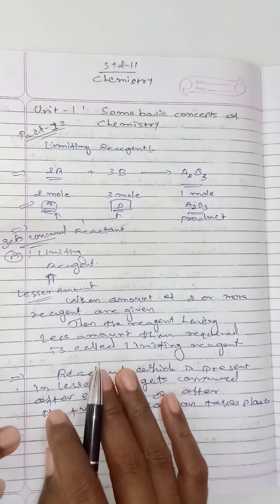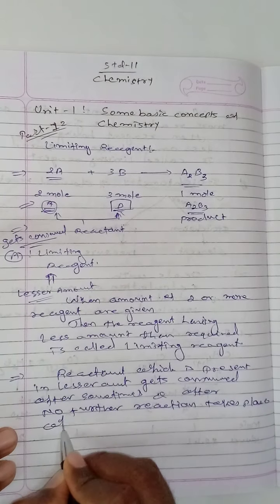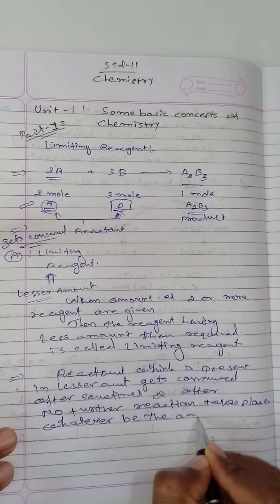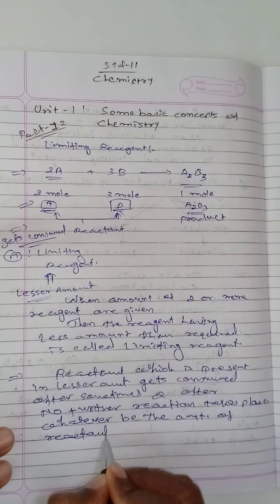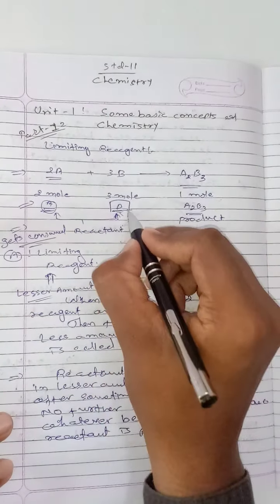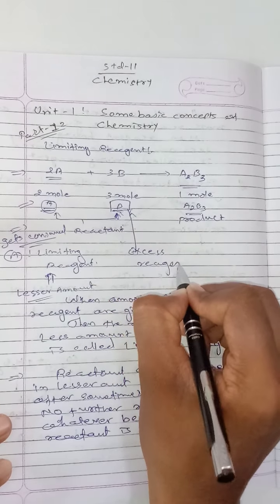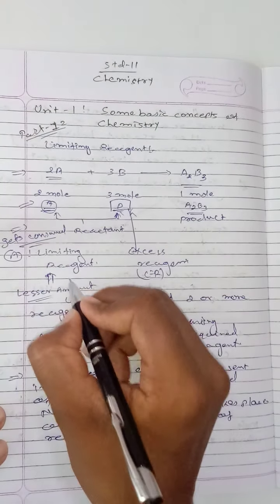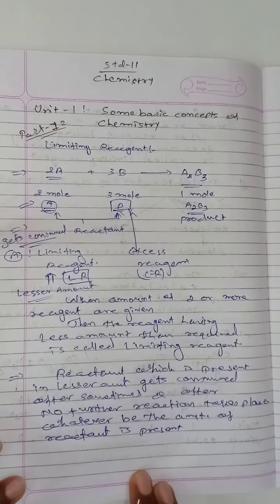Whatever amount of the other reactant is present is said to be our excess reagent. In short, you can write here ER, and A, that is our limiting reagent, LR.